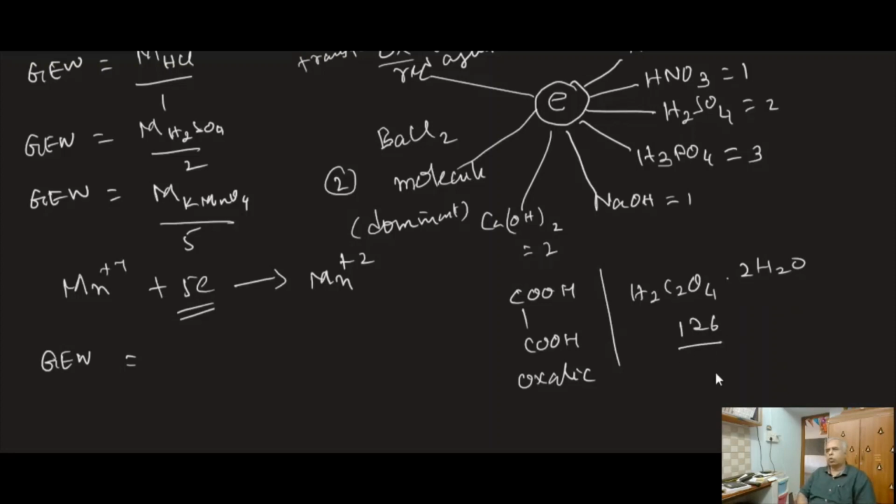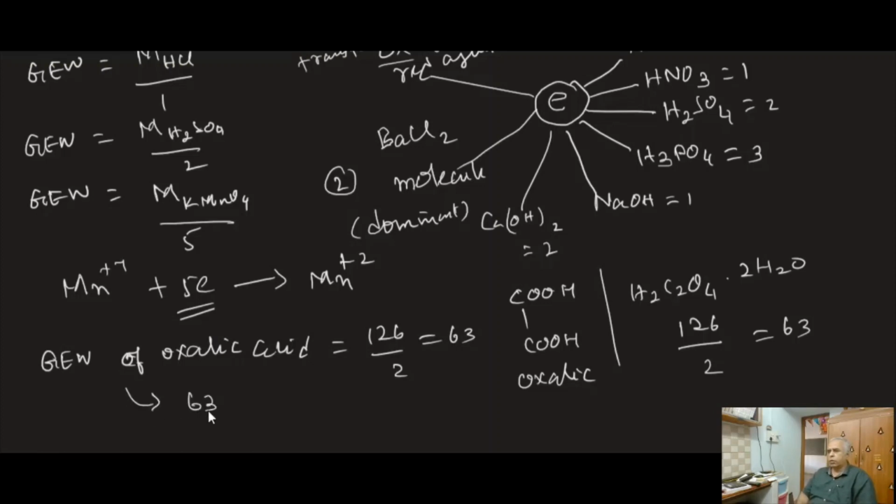So it becomes 126 and its valency factor is 2. So the equivalent mass of oxalic acid is 63, that is 126 divided by 2, where 126 is the molar mass of oxalic acid dihydrate. So when you write equivalent mass, you have to write 63 gram per equivalent.